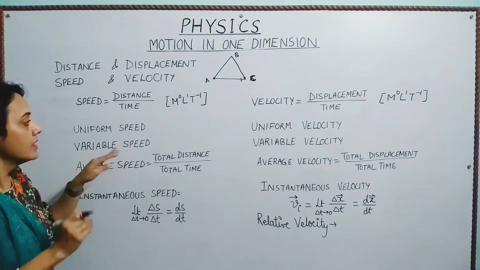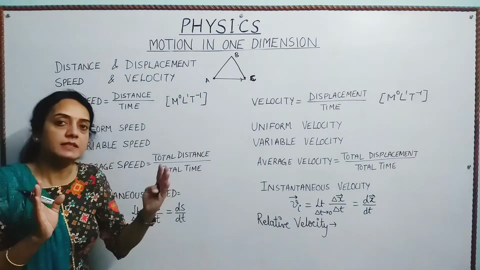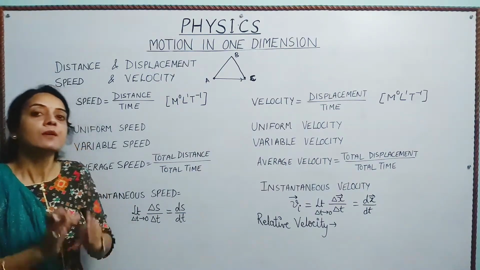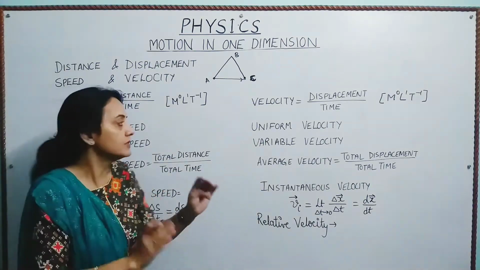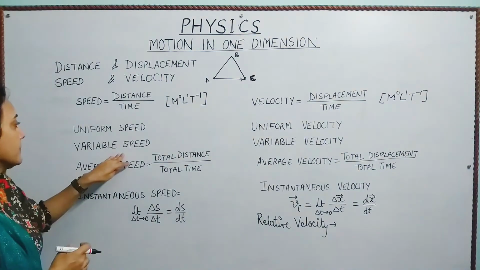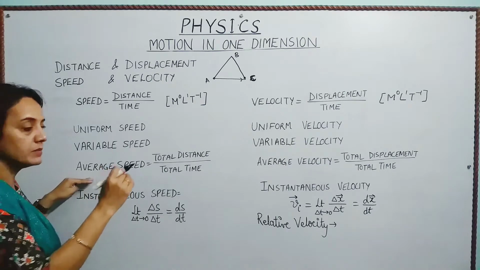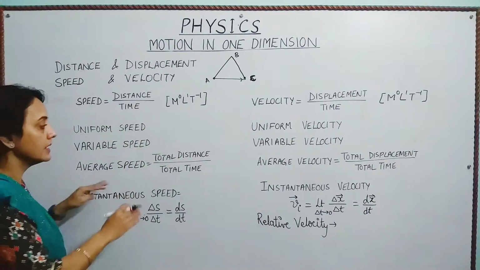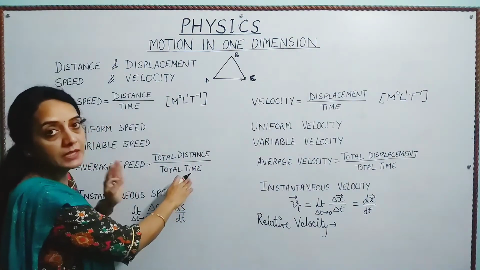Variable speed: when a body is covering unequal distances in equal intervals of time, or vice versa, when a body travels equal distances in unequal intervals of time, then we say the body is moving with variable speed. Now average speed, because sometimes the body is slow, sometimes it's moving fast, so the average speed along the whole journey is calculated as the total distance divided by the total time taken.